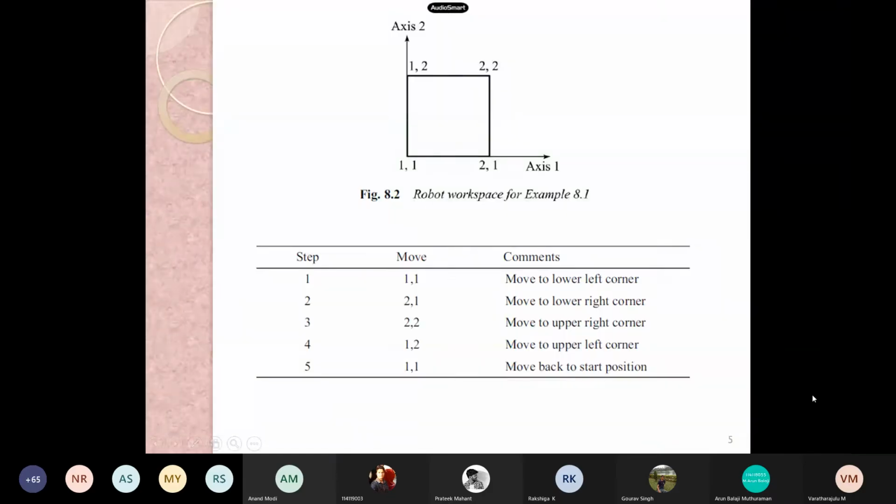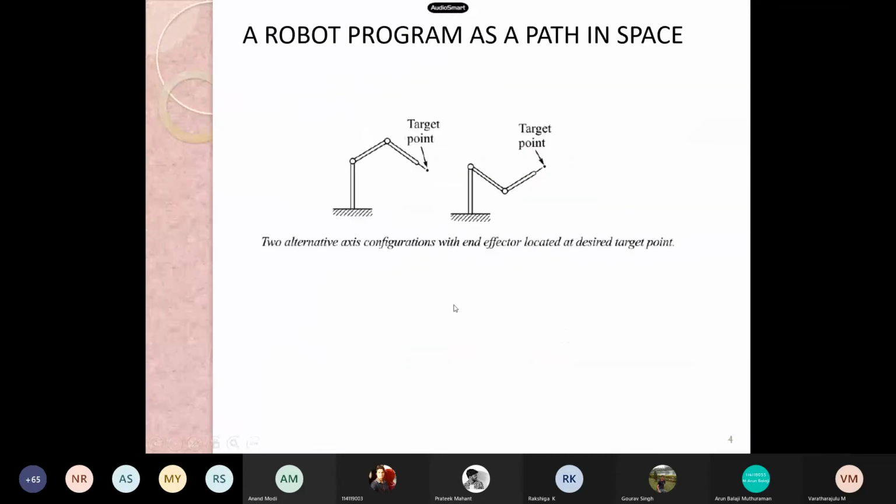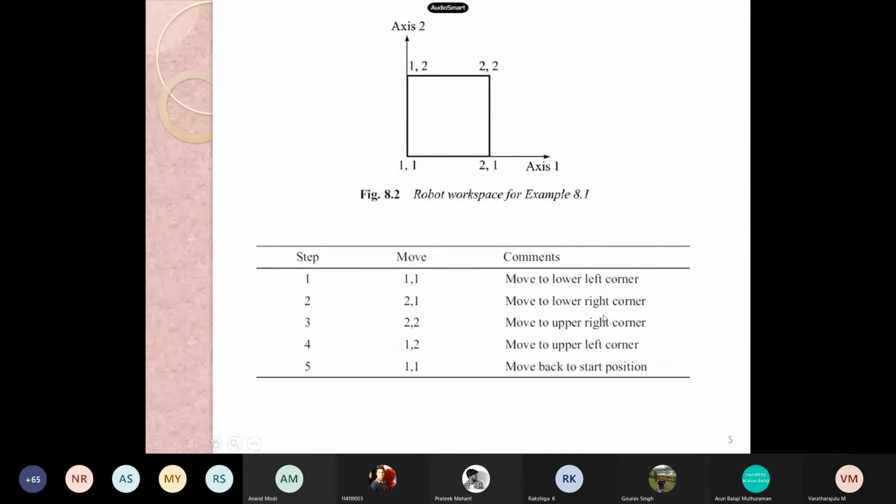Okay, fine, right, good. And this is the first exercise which we covered in robot programming: a path in space, using the Cartesian coordinates to move the end effector in order to perform certain tasks.